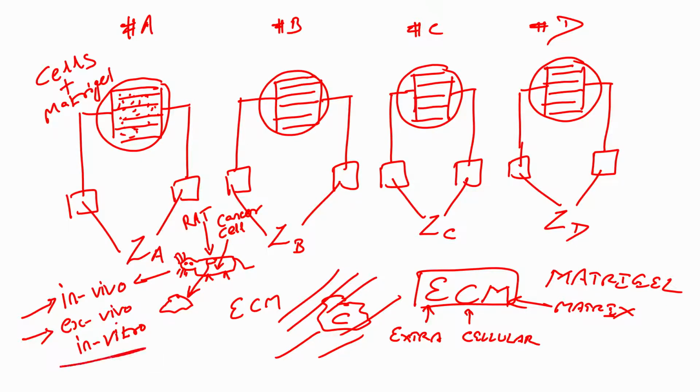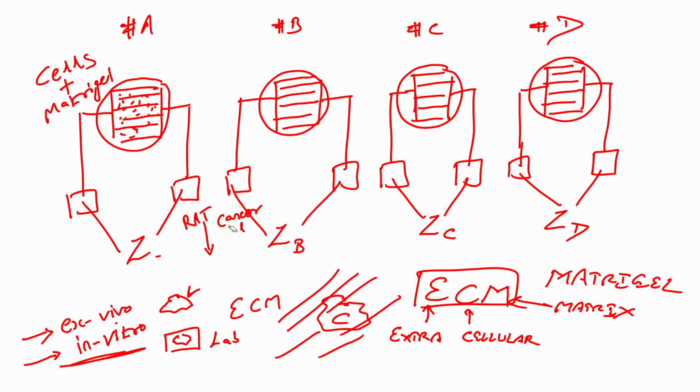But if I replicate this same tumor on a platform in the lab, it is an in vitro study. You got it? So, in vivo, ex vivo and in vitro, 3 terms that you need to understand, with my funny picture of a rat, which you do not have to worry about.